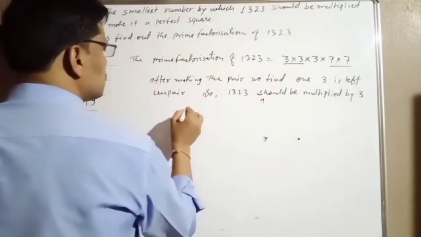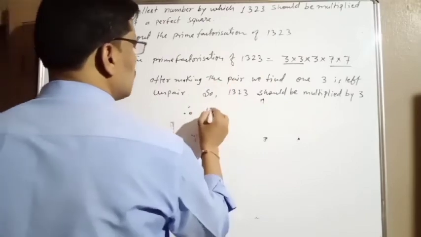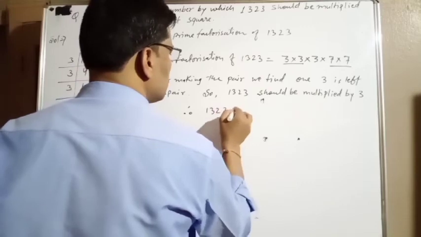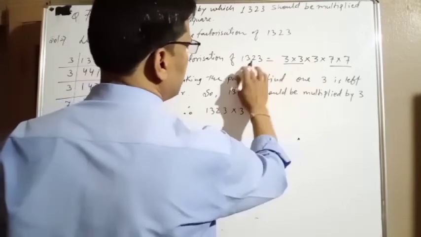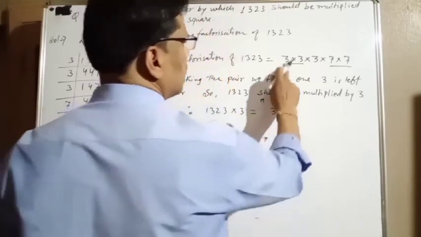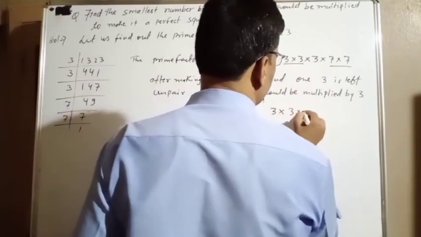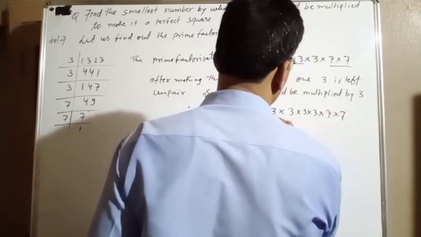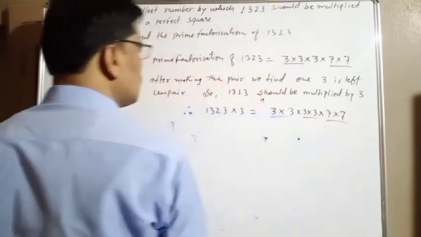Therefore 1323 multiplied by 3, on both sides we multiply by 3. It becomes 3 into 3 into 3 into 3 into 7 into 7. Now look here, we got the pairs.